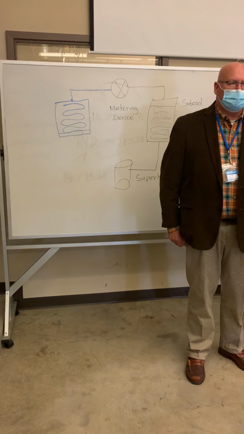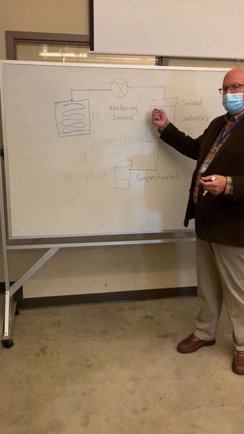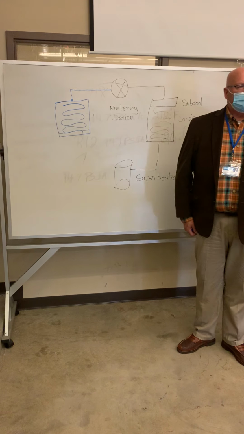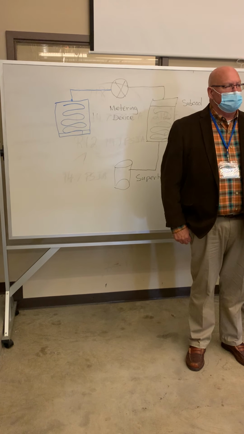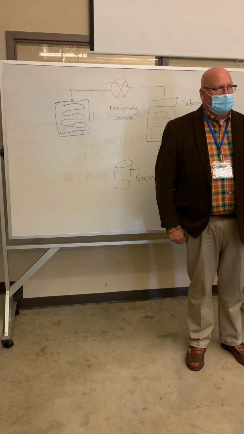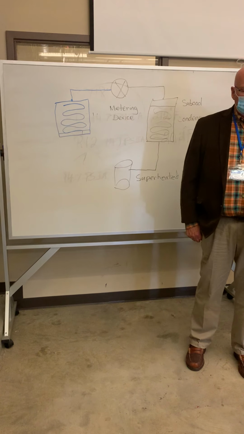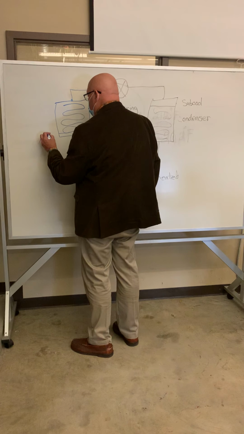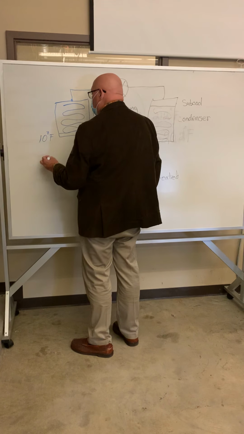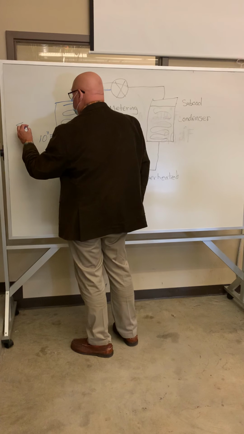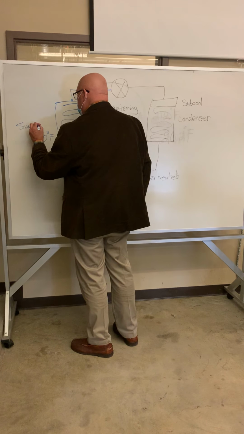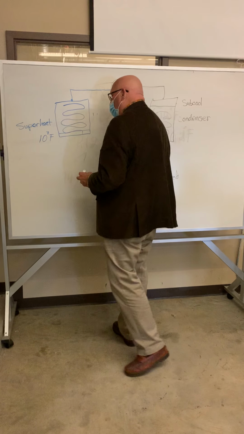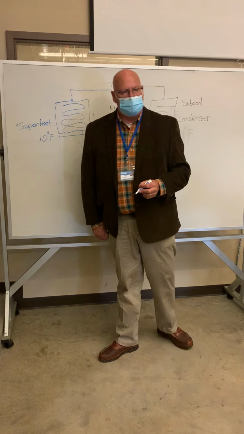So we're going to do the mirror opposite of what we did in the condenser. Over here, we're going to absorb 10 degrees of sensible heat. And that 10 degrees of sensible heat that we absorbed over here, we're also going to call superheat. Superheated vapor, which means all the liquid has been boiled off.